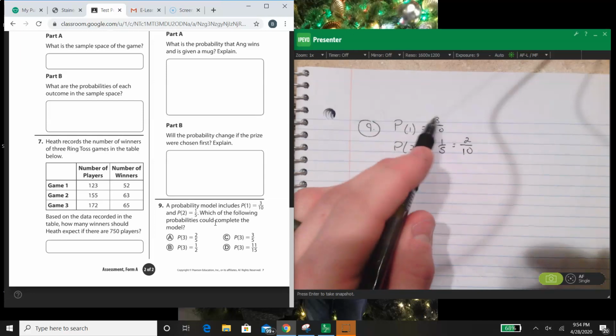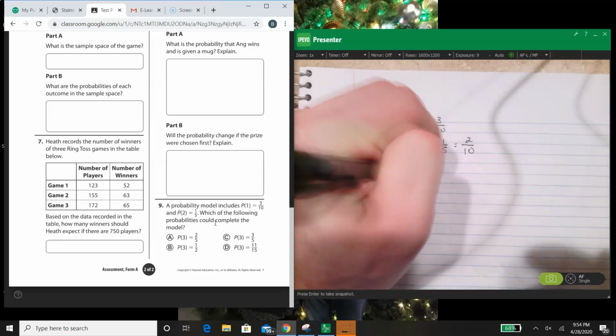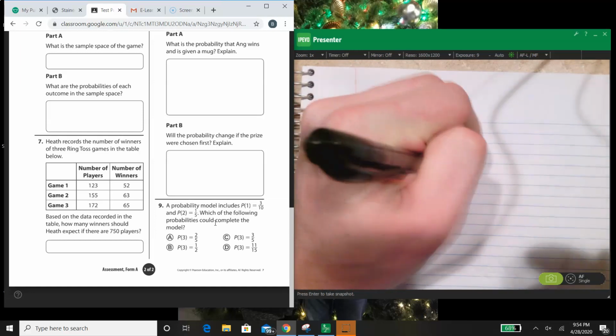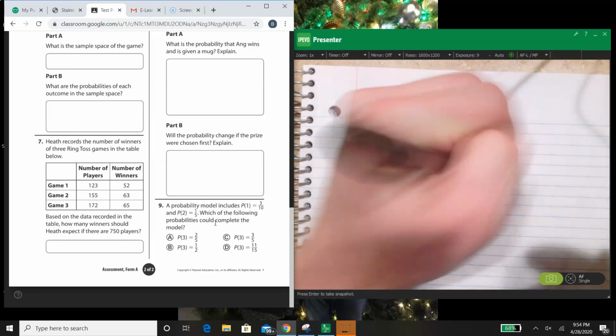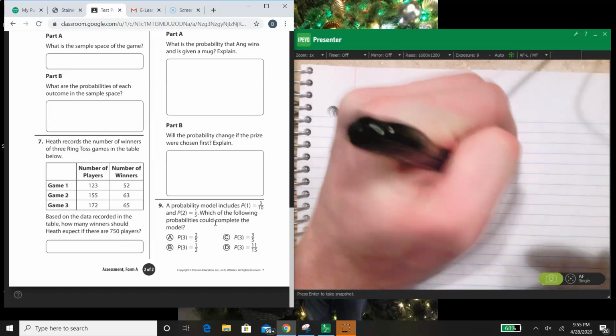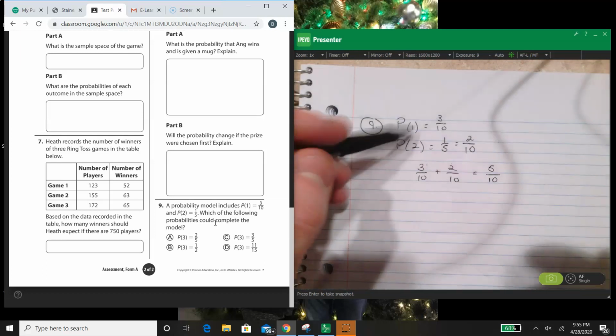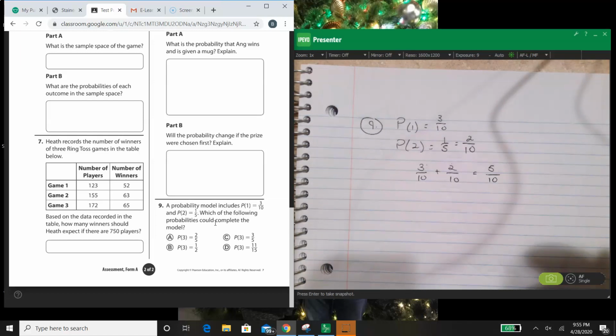Well, notice, guys, 3 and 2 make 5. And if we kept it as a fraction, it'd be 5 over 10. So between numbers 1 and 2, we have 5 over 10.